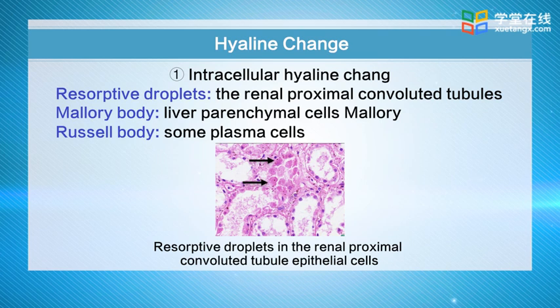Another example is the marked accumulation of newly synthesized immunoglobulins in some plasma cells. For example, in the plasmacytoma, the tumor generates immunoglobulins stored in the cytoplasm as Russell bodies.